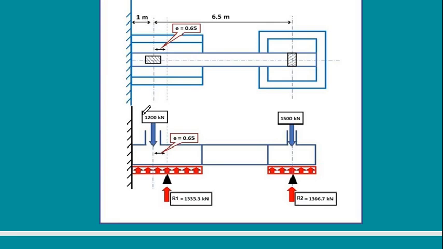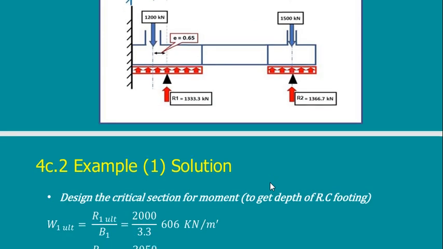Because it is not a column standing on the soil, it's a footing standing on the soil. So I need to transfer this load from being a concentrated load, divide it by this area to get the distributed load. So I'm just going to replace R1 with a distributed load equivalent to it, and I'm going to transfer R2 into a distributed load equal to it.